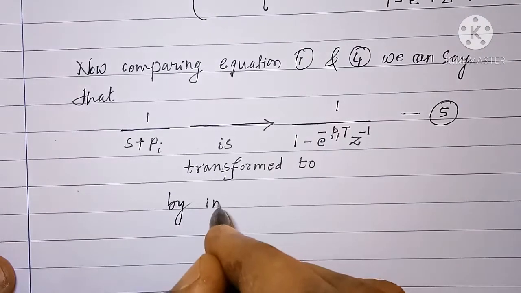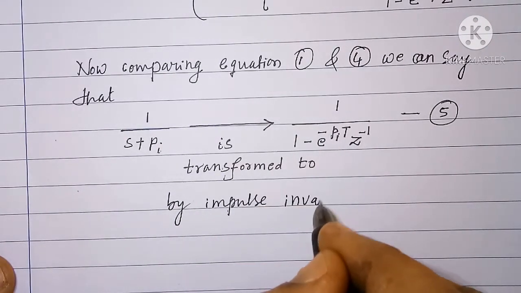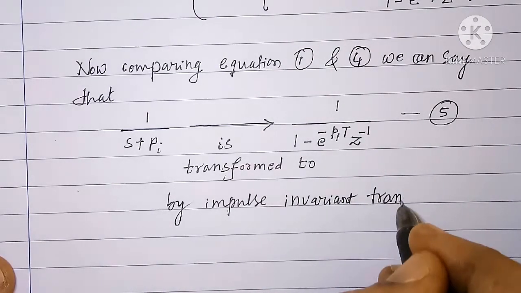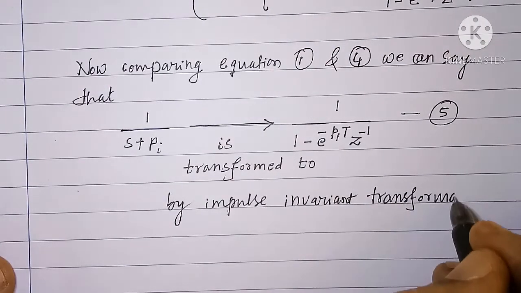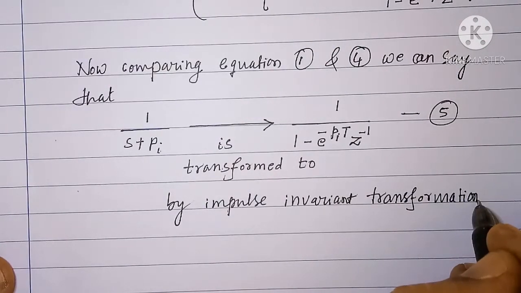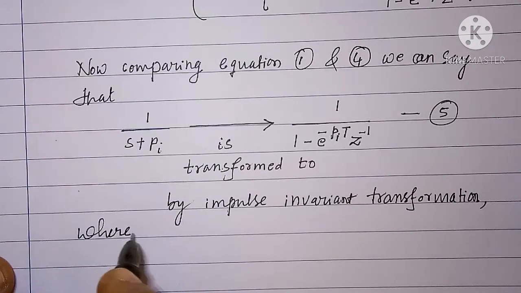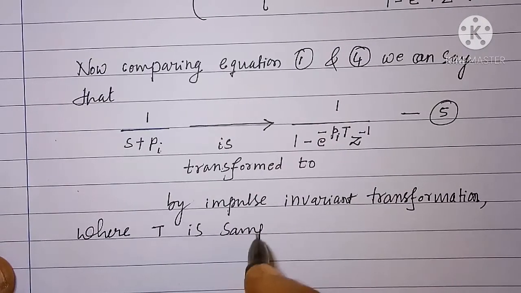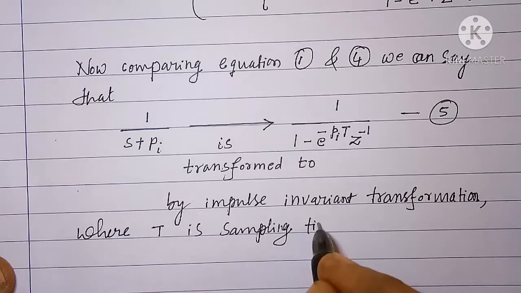By impulse invariant transformation method, where capital T is sampling time period.